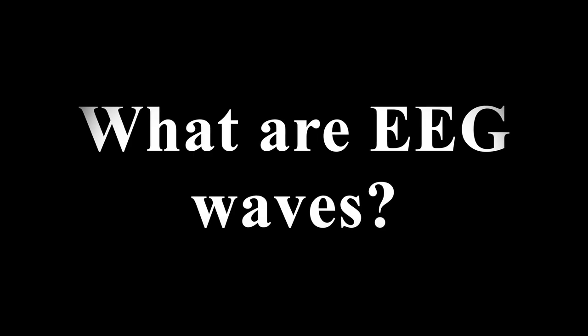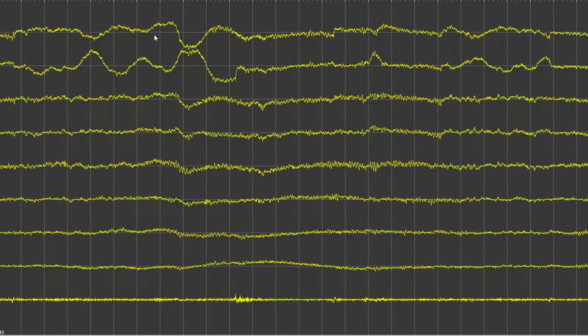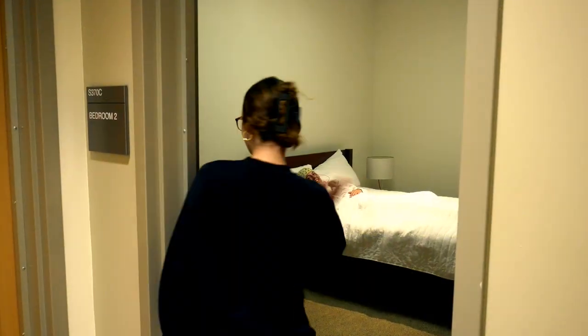What are EEG waves? The fluctuations that electrodes measure look different over time and in different circumstances. Looking at recordings of EEG brainwaves over time can help us visualize and quantify brain activity as we go about doing different tasks, like sleeping.